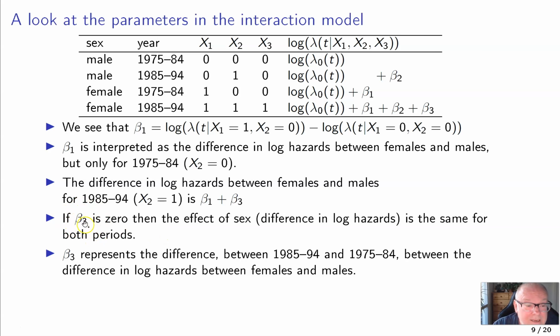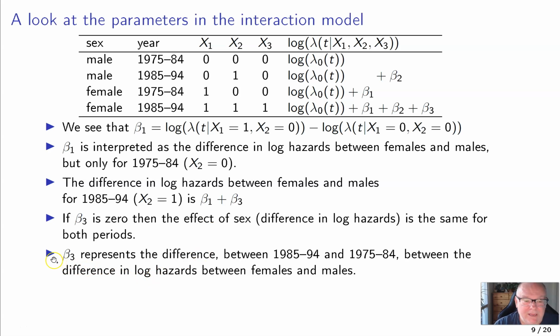Now, what would happen if beta 3 was 0? Well, if beta 3 was 0, then the effect of sex in this period here would just be beta 1. So the effect of sex would be beta 1 in both periods. We would have constant effects.